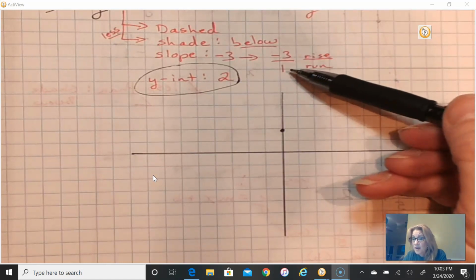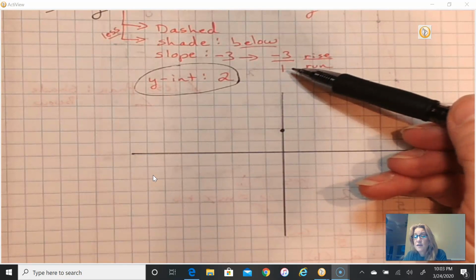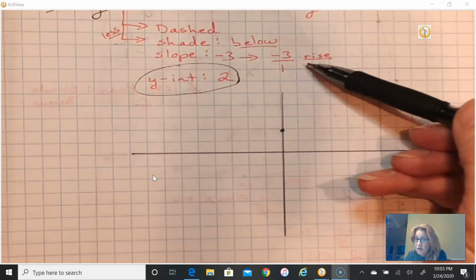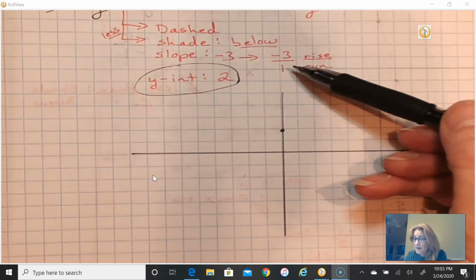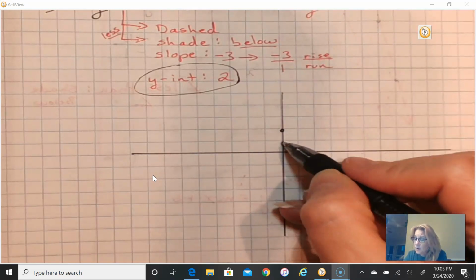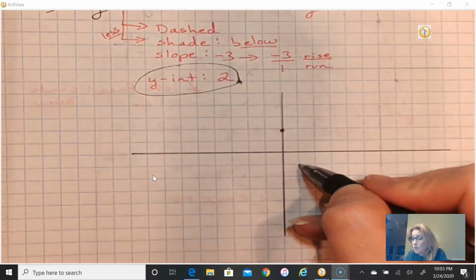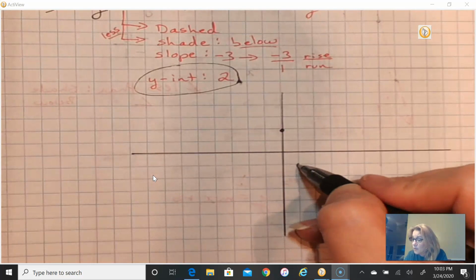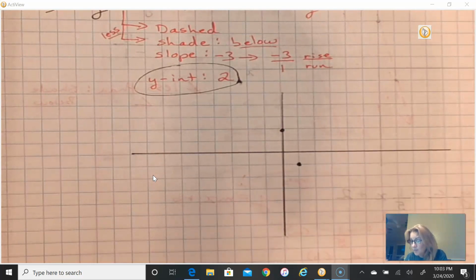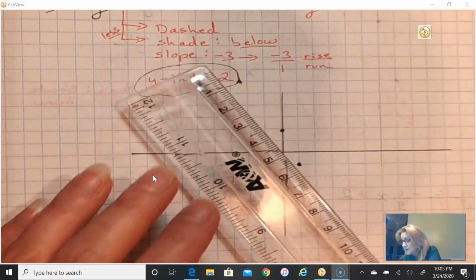But that 1 is positive, so we're going to go to the right because it's positive. So down 1, 2, 3, and then that 1 is positive, so I'm going to go to the right, not left. Some of y'all are having problems with that on the homework. It is a dashed line.